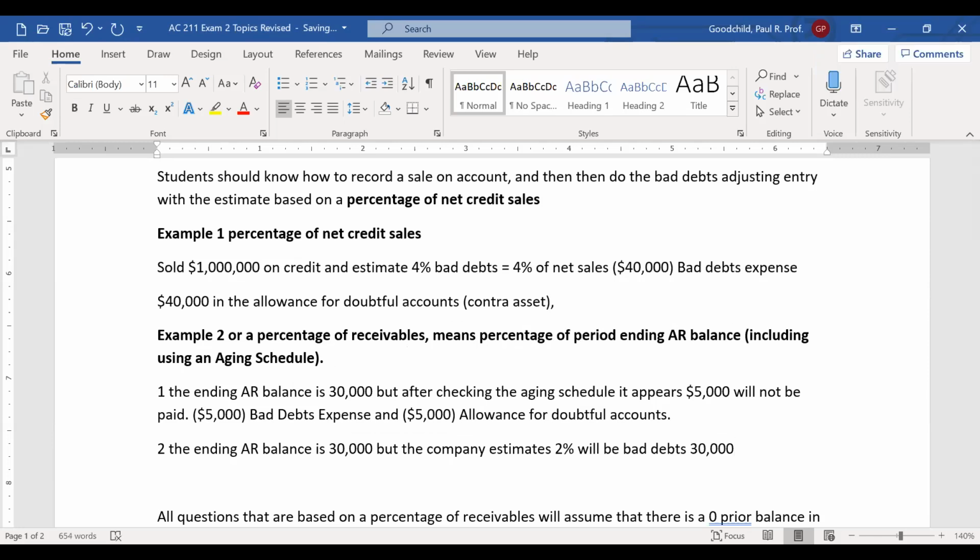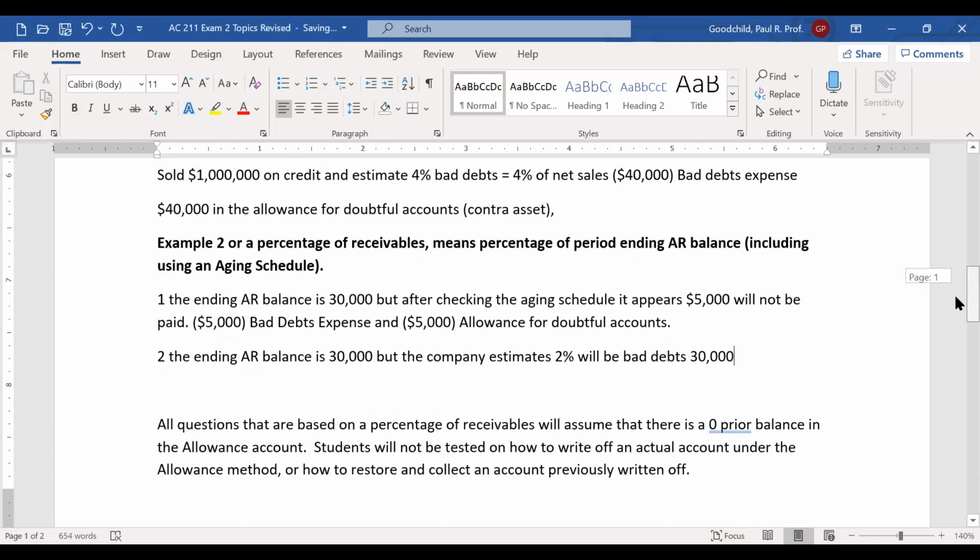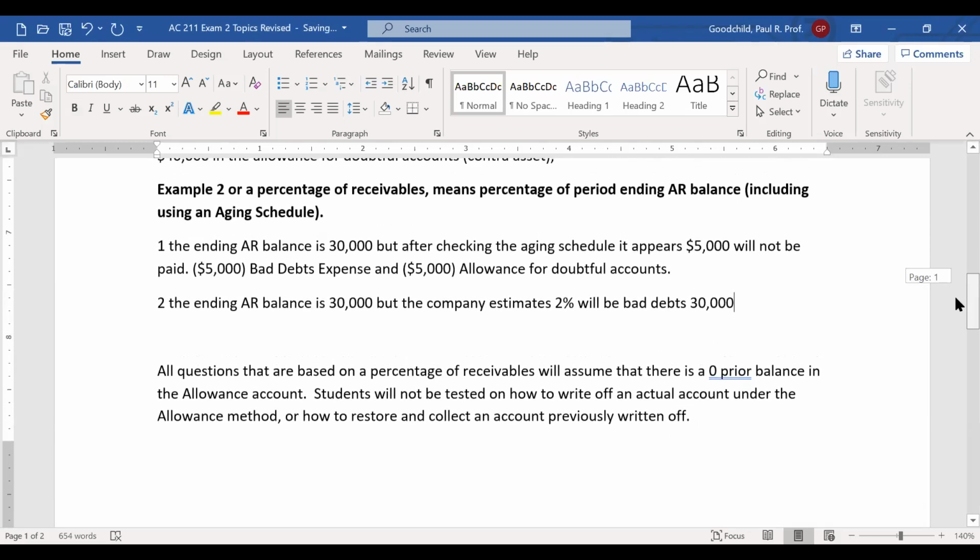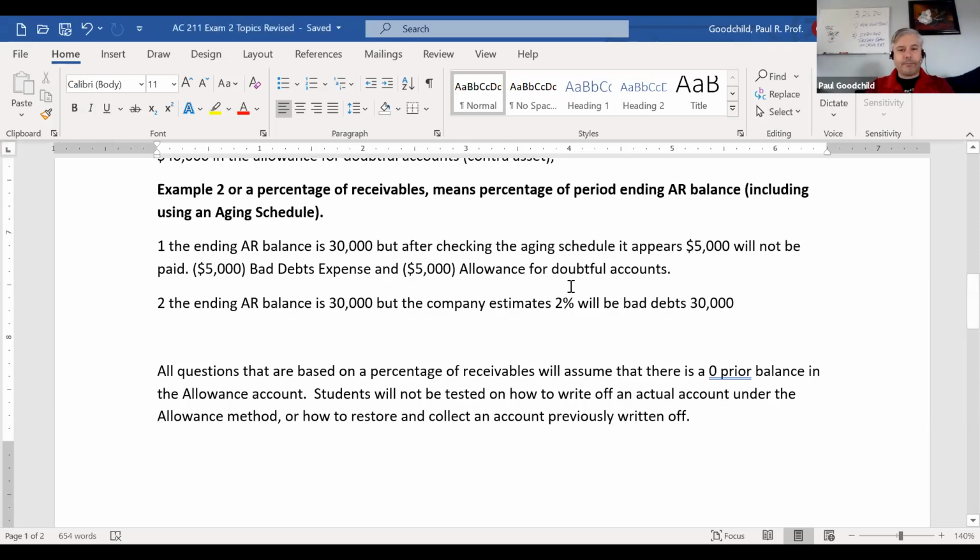So just to clarify, in example 2 on the first one under that, you'd write the minus 5,000 in bad debts expense and retained earnings, and then you'd write also a minus $5,000 in the contra assets account for the allowance of doubtful accounts. Correct. Under assets. This one's retained earnings. And this one goes in assets.